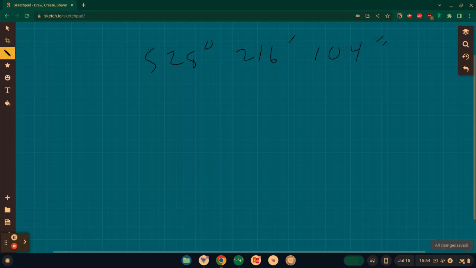So what they're doing is they're making this so that it's like minutes and seconds that make sense to us. So they're taking away 60 seconds here. So they're converting 104 to minutes and seconds, and then they're converting 216 to degrees and minutes, and then they're adjusting this. So a circle is 360 degrees.